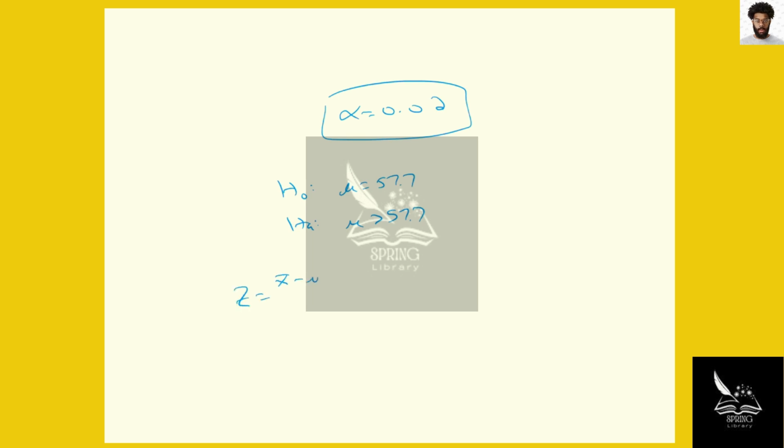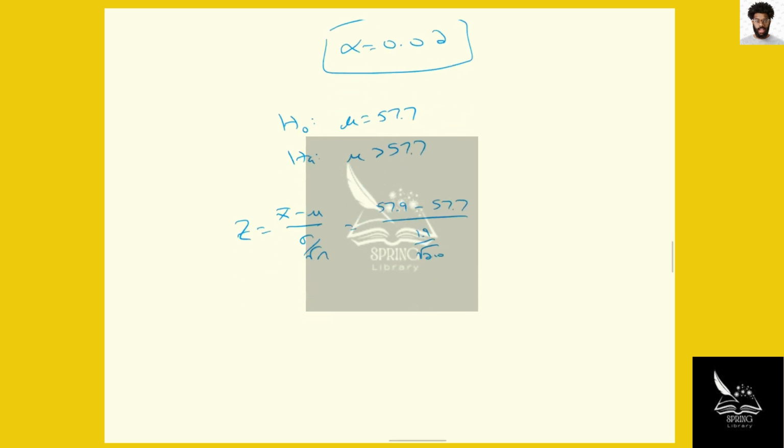So it's x bar minus mu over sigma over the square root of n. And x bar is 57.9 minus 57.7 over sigma is 1.9 and n is 210.